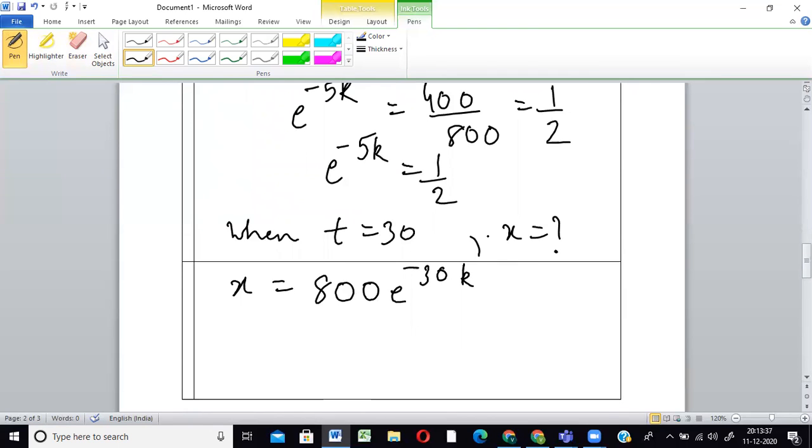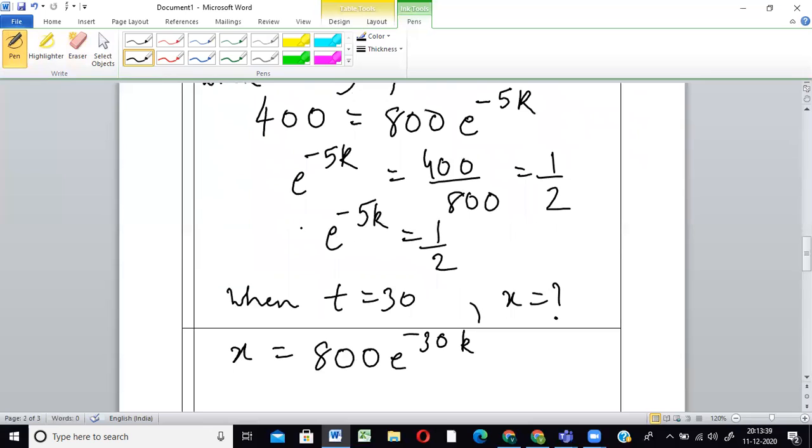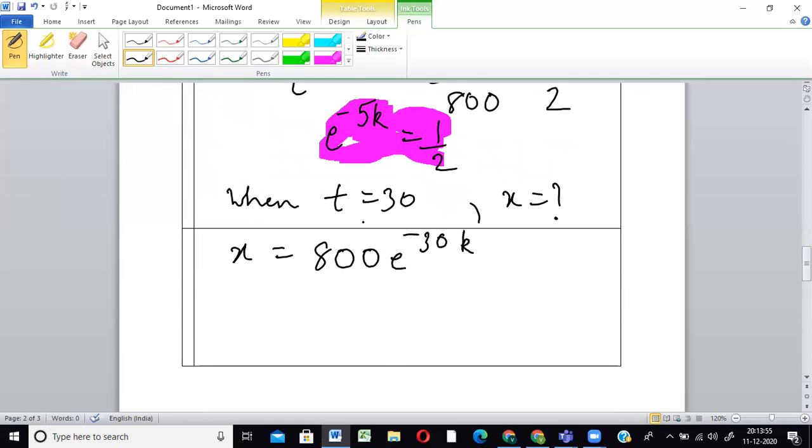So what we can do is we can try to use the known information. This term is in terms of e raised to k, and this term is also in terms of some e raised to k. So we will try to modify this term in terms of something that is already given to us, so that it is easy for us to find out the answer.